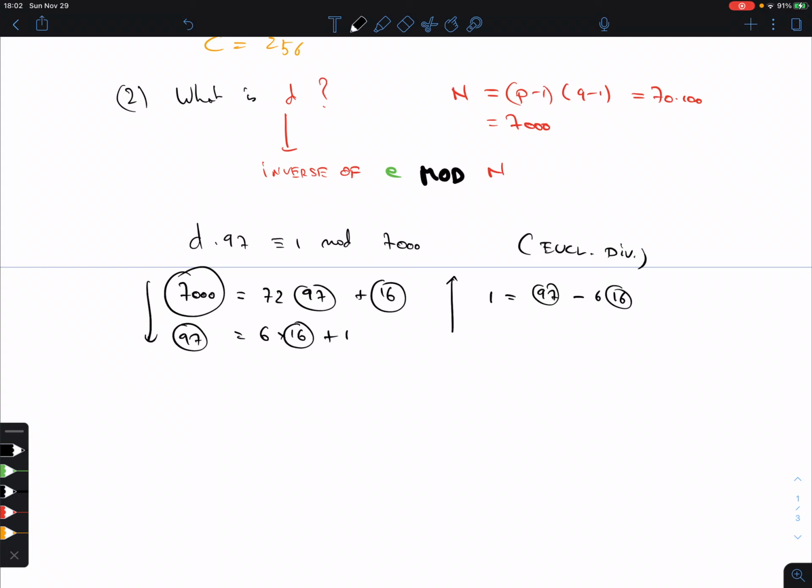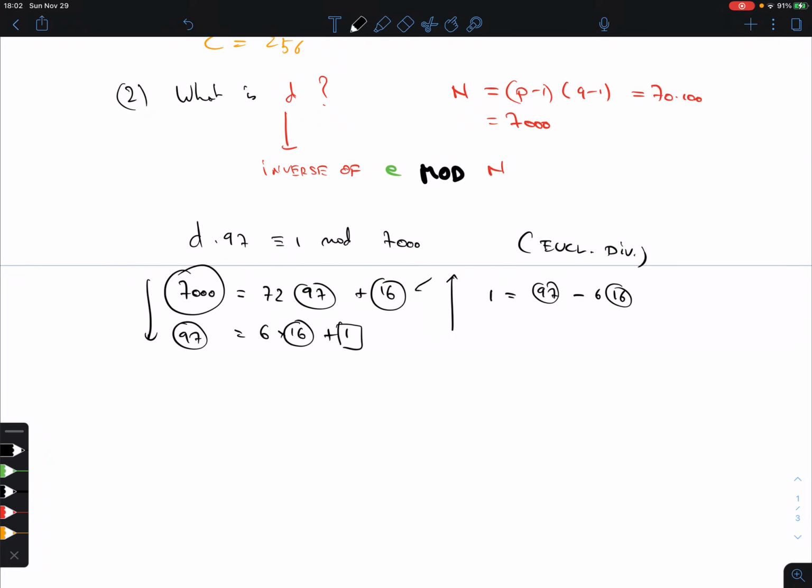What I mean is I use this equation to find 97 minus 6 times 16. Then I use this equation to replace 16, that is 97 minus 6 times 7,000 minus 72 times 97. Okay, and then we group the circled numbers together.